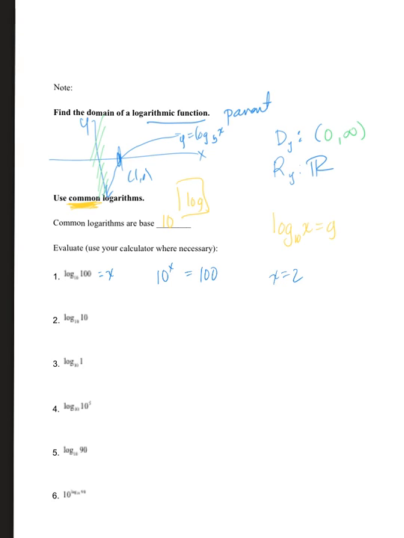Now, there's a clever little thing that allows you to more easily evaluate this. I could rewrite this as log base 10 of 10 to the second power. Remember, if the base of the logarithm equals the base of the argument, the answer is just the exponent.